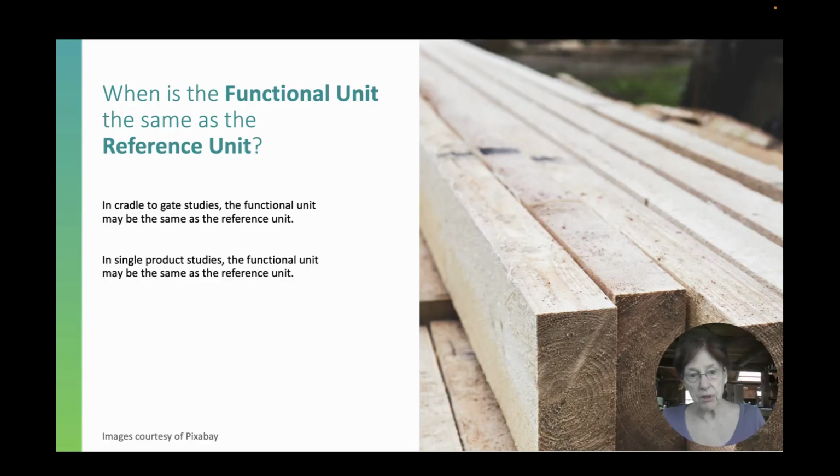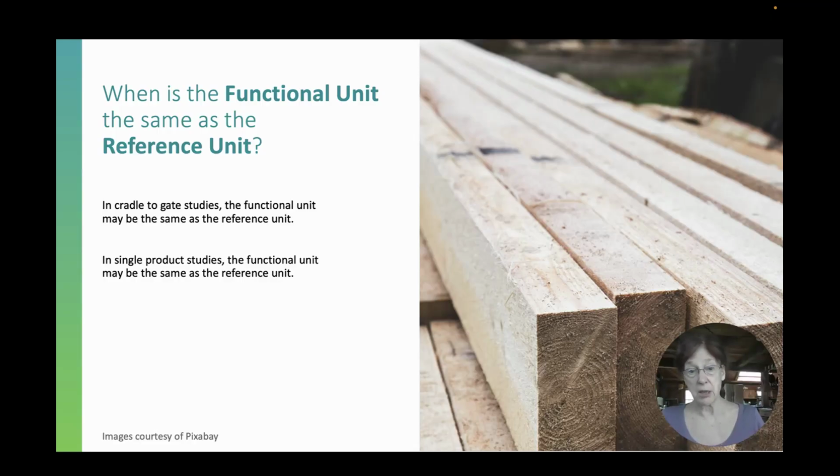Sometimes you'll see functional units that basically are reference units. That's going to be when you have a cradle to gate study, and often when you have no idea what's going to happen at the use phase, right? So if I look at these 2x4s, who knows what they're going to be used for? They may be used to make walls. They may be used to make a concrete form.